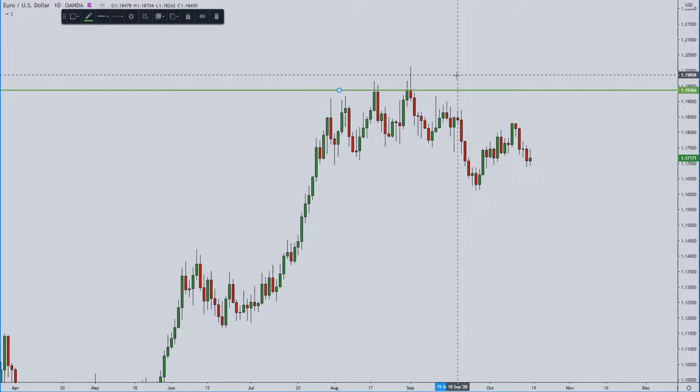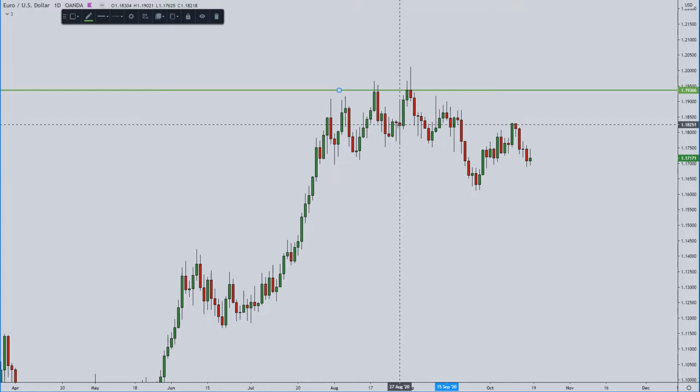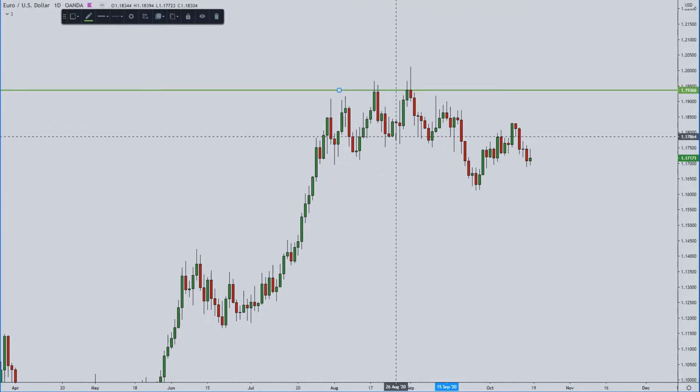As soon as you find your peak, the highest set of candles, this first one here, you move down to the left side where you can see a clean support like this, right?